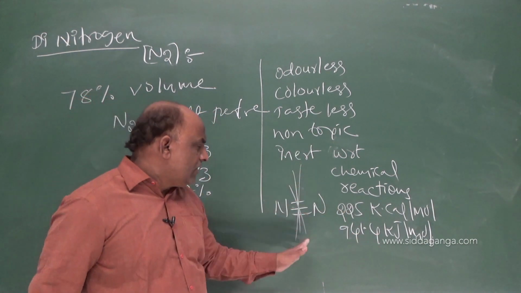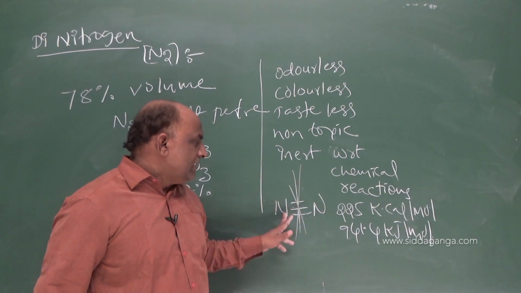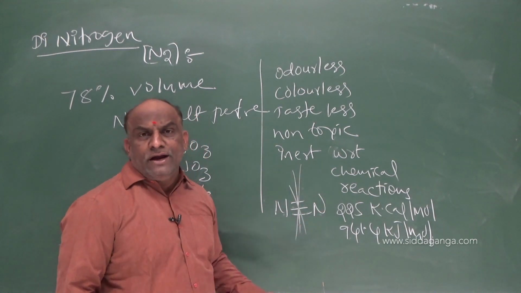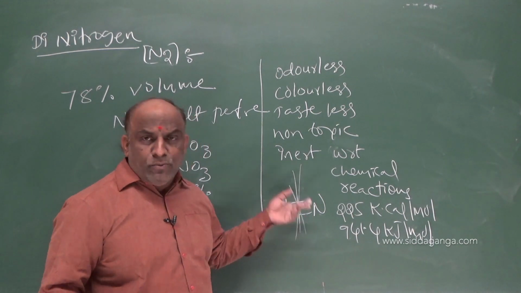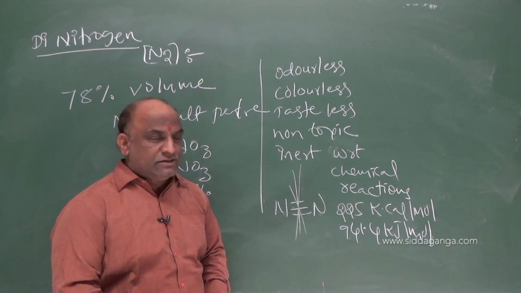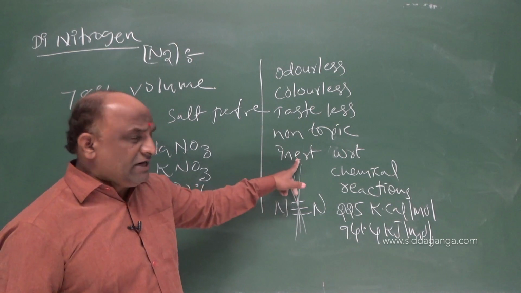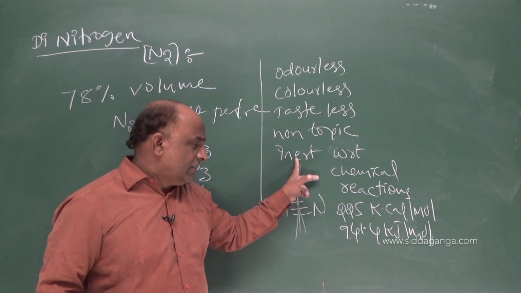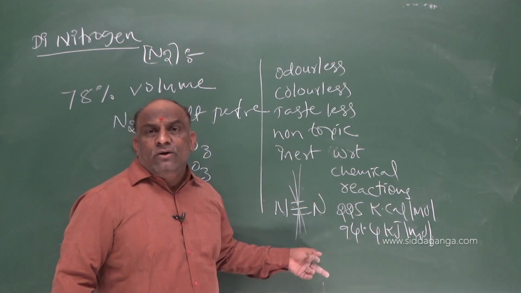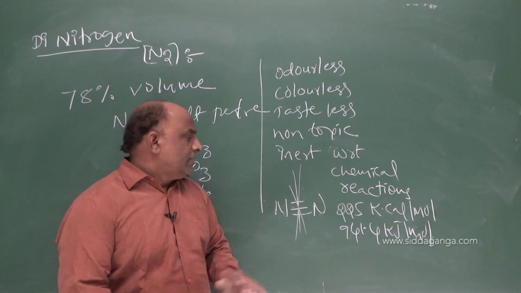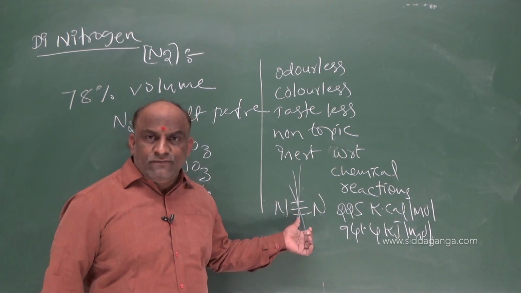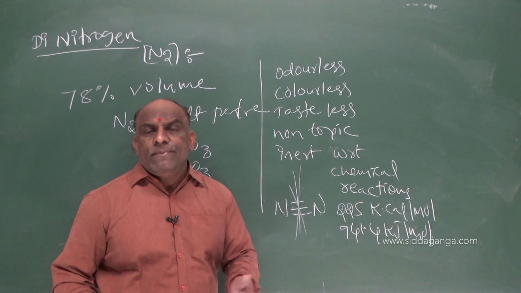Once bond cleavage takes place, the molecule is converted into atomic nitrogen, and atomic nitrogen is more reactive towards chemical reactions. Due to that reason, dinitrogen is inert at room temperature. When we expect chemical reactions for dinitrogen, we require high temperature.